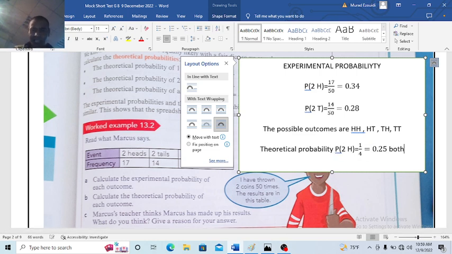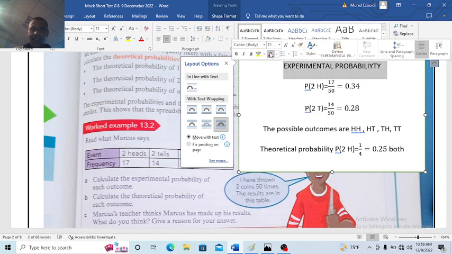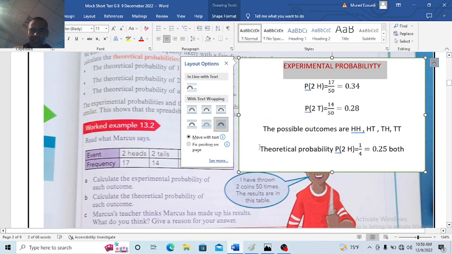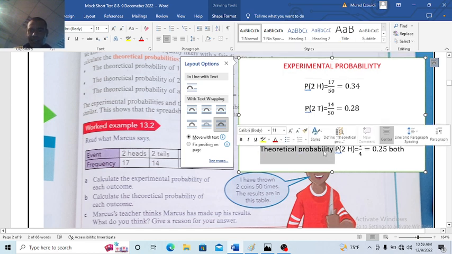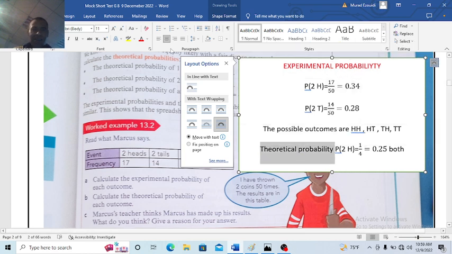The experimental probabilities and the theoretical probabilities are not the same, simply because they are not equal. They are not very similar.